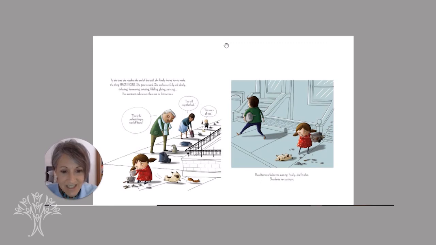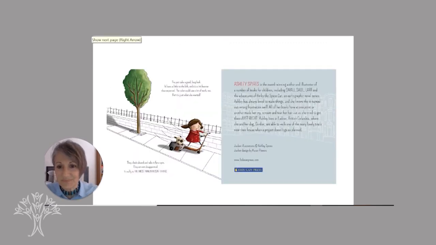Finally, she finishes. She alerts her assistant. The pair take a good long look. It leans a little to the left, and it's a bit heavier than expected. The color could use a bit of work too, but it's just what she wanted. They climb aboard and take it for a spin. They are not disappointed. It really is the most magnificent thing.